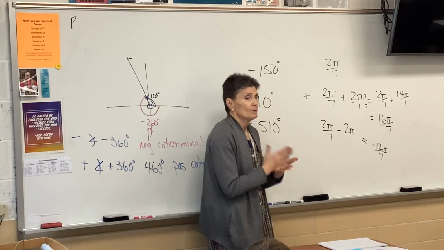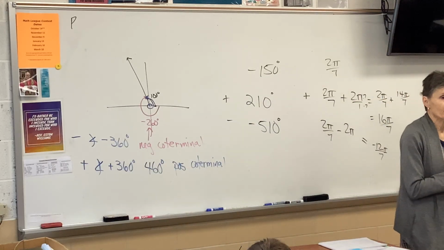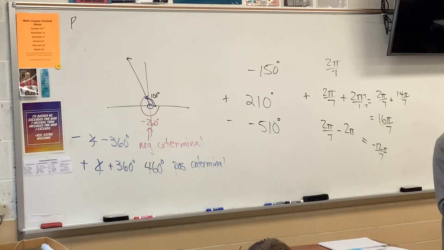Big idea. To find coterminal angles, you add and subtract a revolution. If you are in degrees, that means you're adding and subtracting 360. If you're in radians, you are adding and subtracting 2 pi.